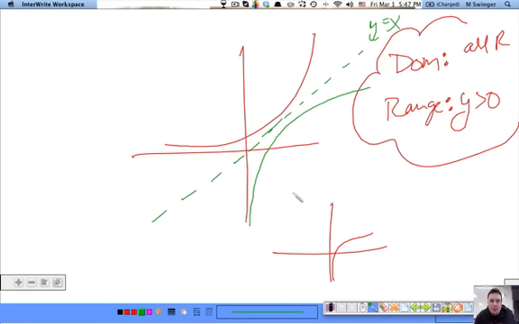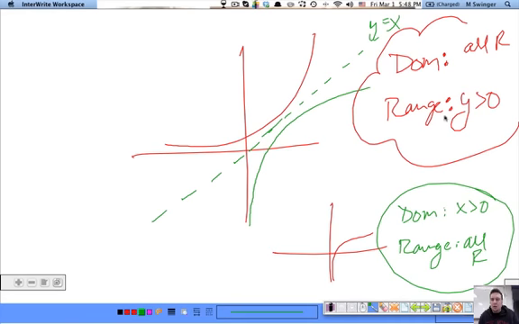That means that they're opposites of each other, which means if the domain is all real for one and this for the other, you flip those, and that's the domain and range of this. So domain for this is x greater than 0, and the range of this, look at the range, up and down, it goes up, it goes down, so all real. See how they're total opposites, they're inverses of each other? Okay.